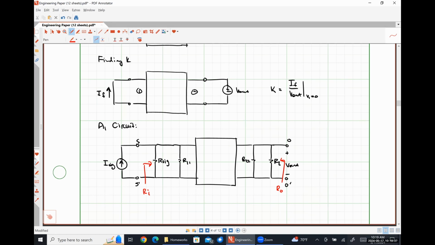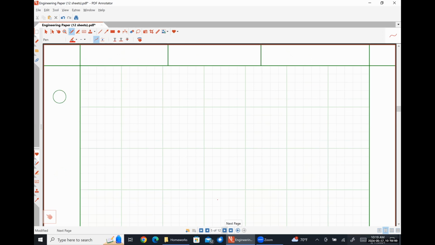Our last amplifier that we're going to look at is actually the feedback transconductance amplifier, where both sides are connected in series. Okay.